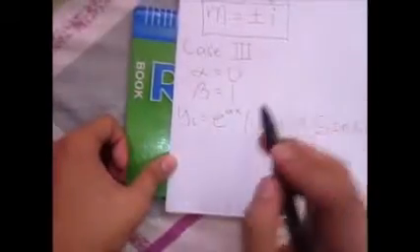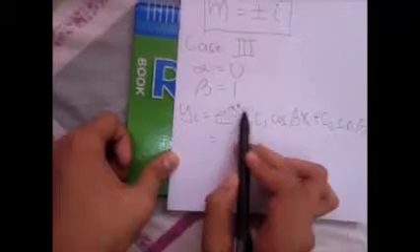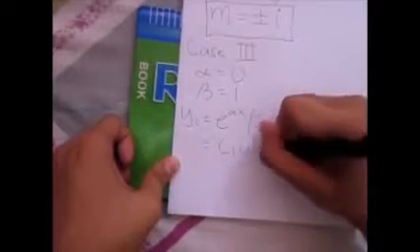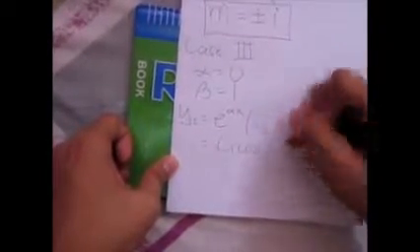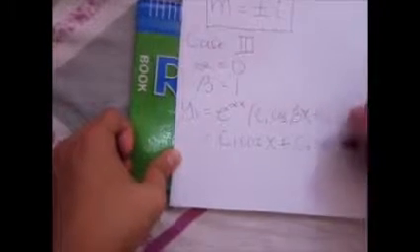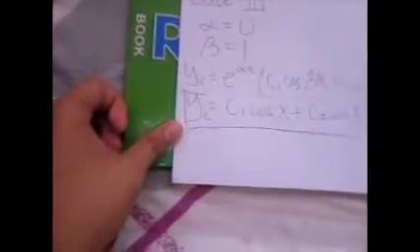Then substitute. Since alpha is 0, the exponent will be 0, which is just equal to 1. Then just copy this: c sub 1 cosine x plus c2 sine x. So our yc will be this one.